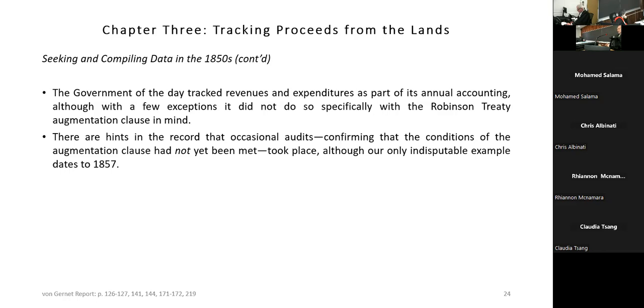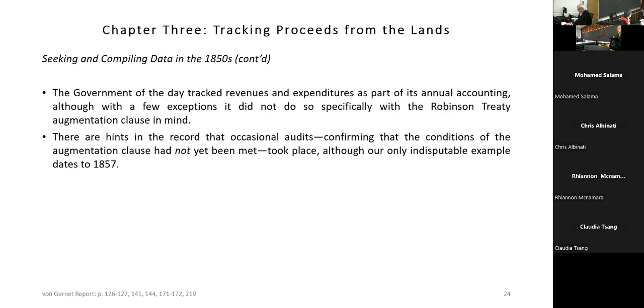And of course, the later examples I talk about to a great extent, once they did it in 1874 and again in 1879, the latter being the most extensive. But the record also hints of occasional audits that confirm that the conditions of the augmentation clause had not yet been met. And we don't have any records of that actually happening, we only have hints of it happening.